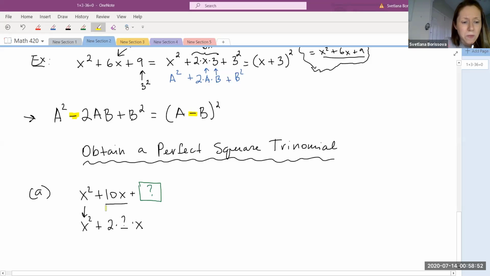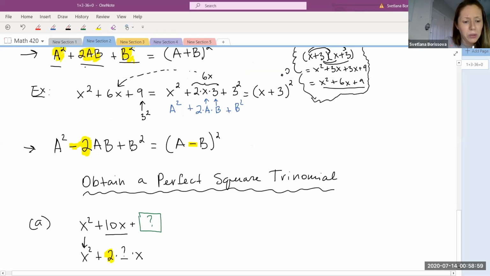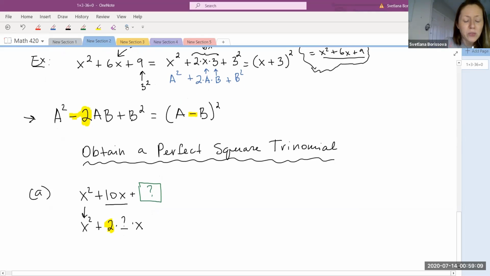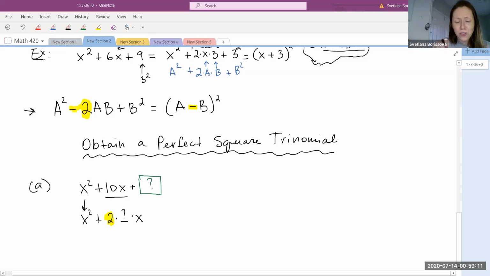And by the way, the reason I start with 2 is because the formula itself right here has 2, and I'm using the version with a plus. So I'm trying to match this. That's the reason I put 2, because the formula has 2. But what is that number that I have to put next to 2? 2 times what? That's 5, so that I'm not really changing anything.